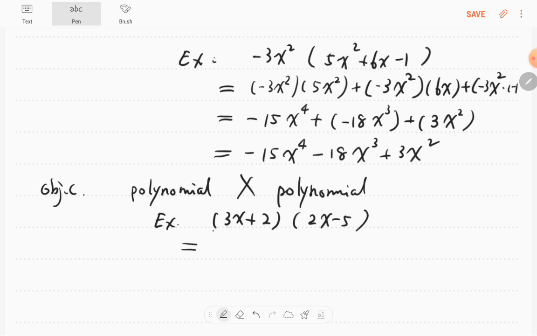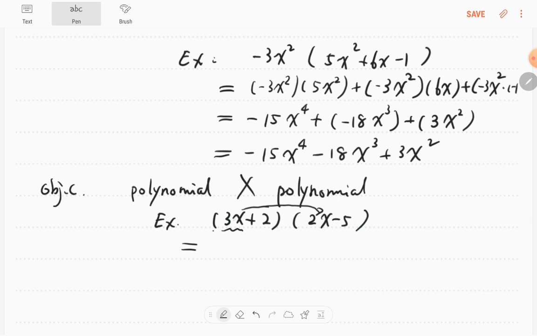The first one, we have 2 terms, which means we should use the distributive rule twice. So let's start with the first term, 3x. So we should apply 3x to the first term of the second polynomial.